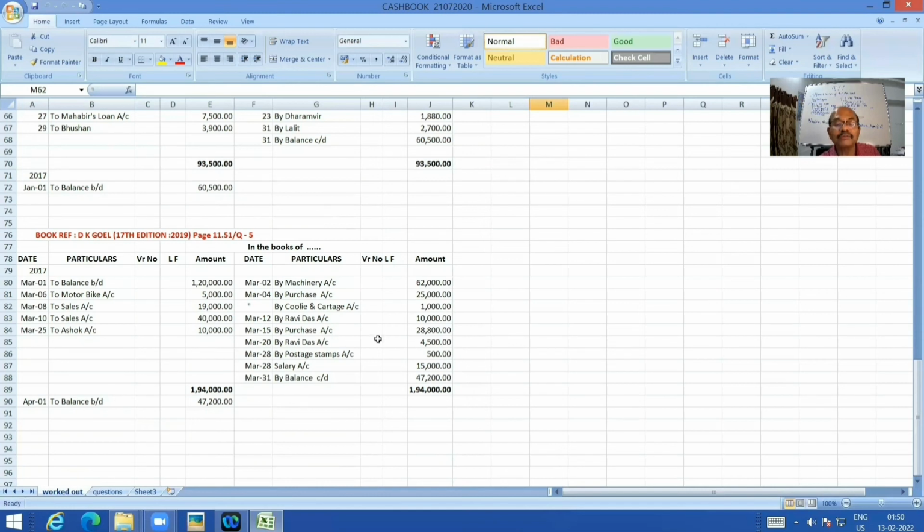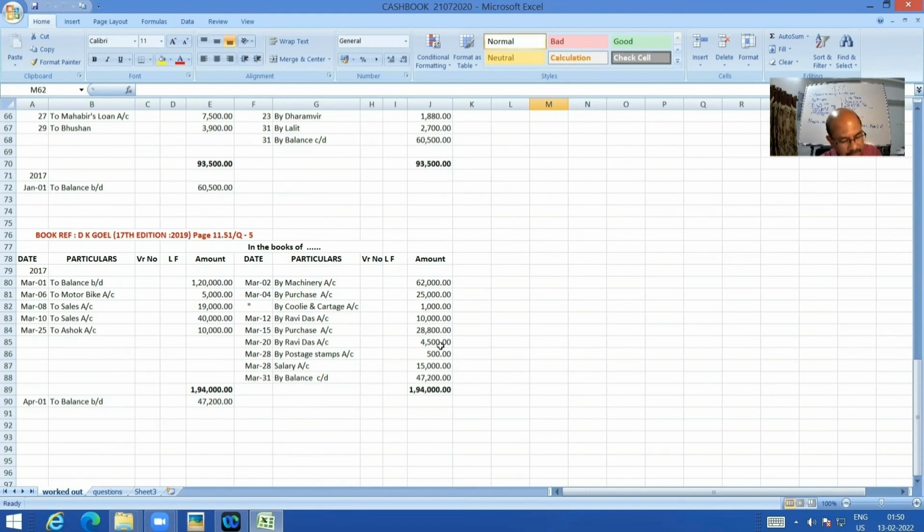And the discount part of 1,200, as I have discussed many times, is to be ignored for cash book purposes. Right. And paid to Ravidas 4,500, by Ravidas 4,800. Debit the receiver, credit what goes out. In a simple way, cash moved out of the cash box comes on the credit side. Discount received, of course, is to be summarily ignored.